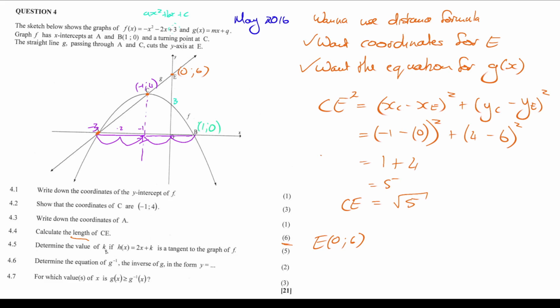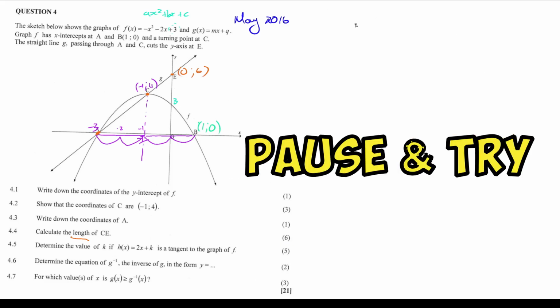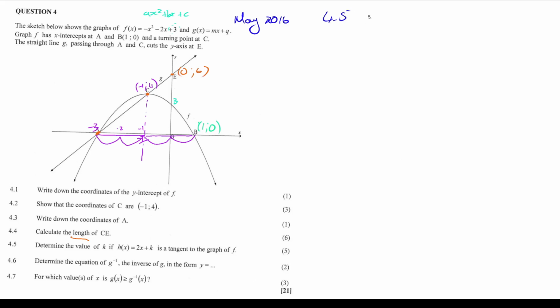4.5. Determine the value of k if h of x equals 2x plus k is a tangent to the graph of f. All right. Now, I want to remind you that we've just found out that g of x equals 2x plus 6.